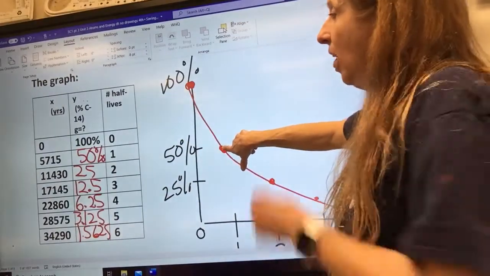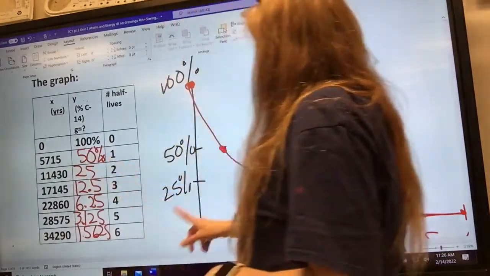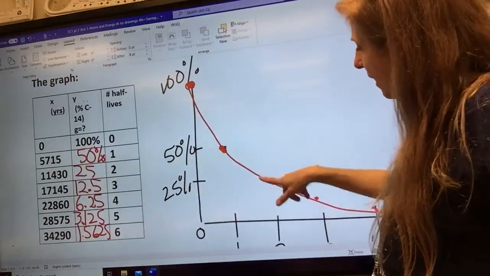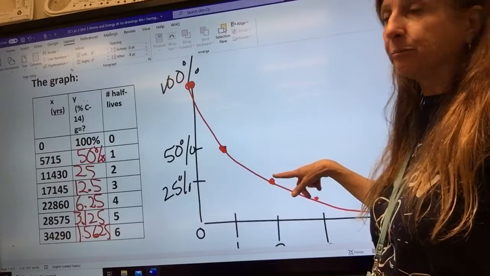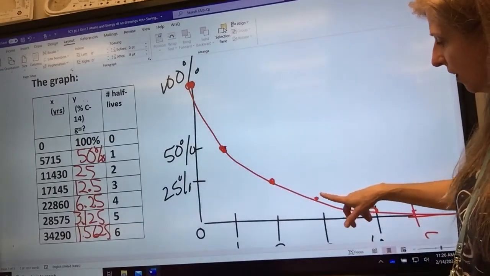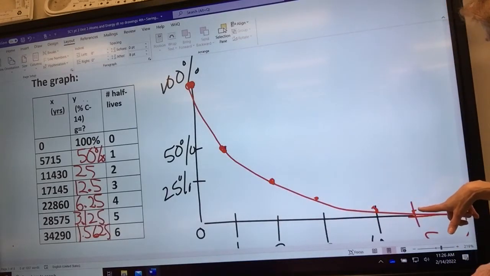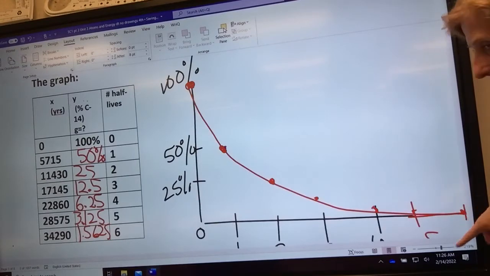You put a dot there. Another 5,000 years go by, and half of what you have now decays. 5,000 more years, half of this is gone. 5,000 more years, half of that is gone. 5,000 more years, half of that is gone. 5,000 more years, half of that is gone.